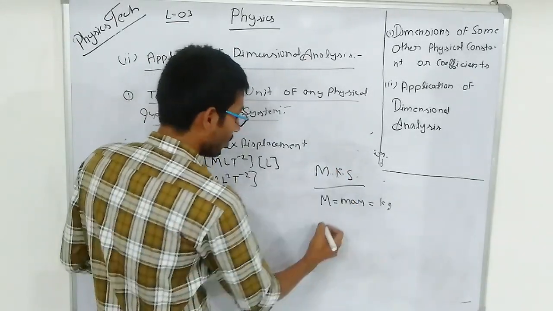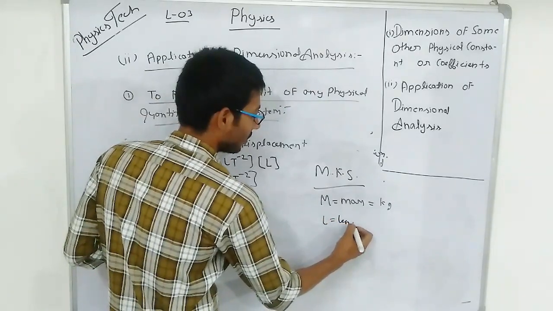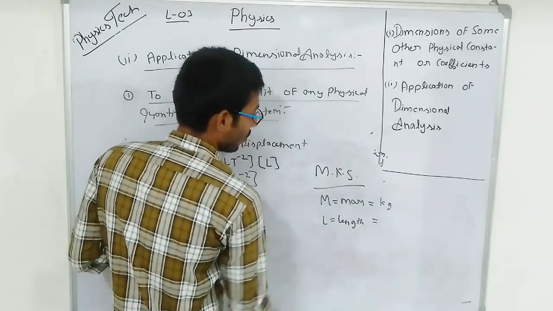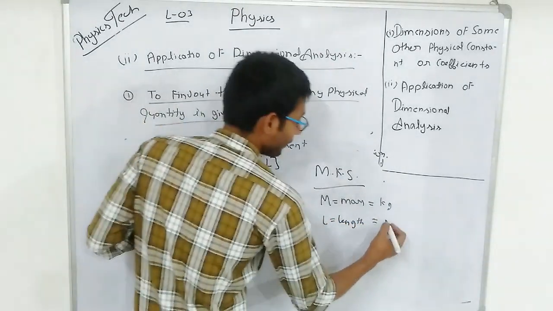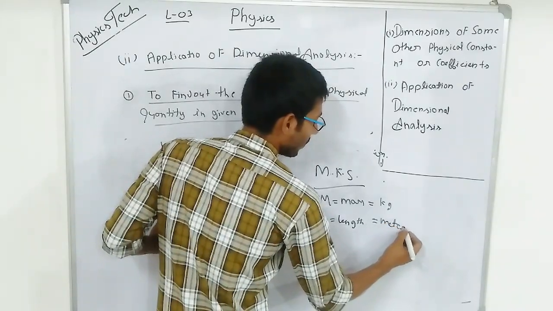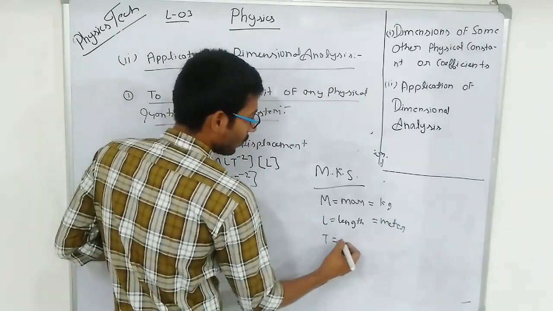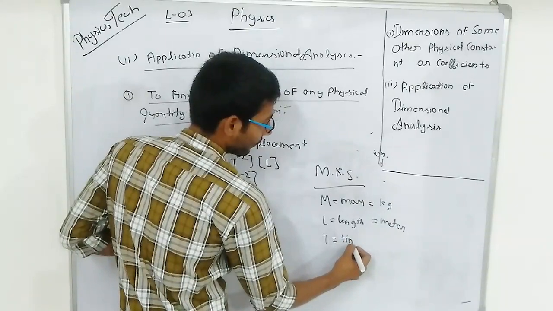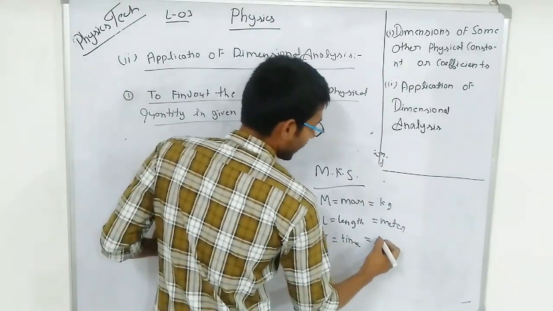L is equal to length, so it's meter, and T is equal to time, so second.